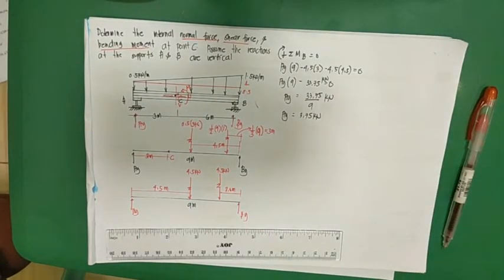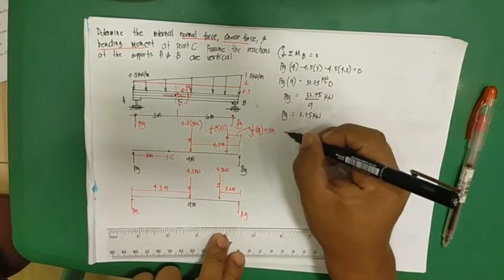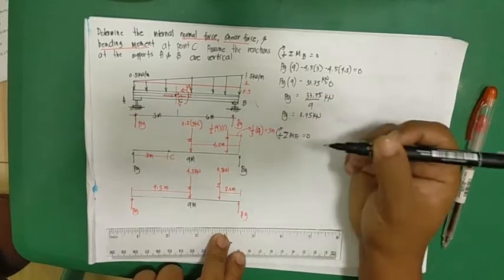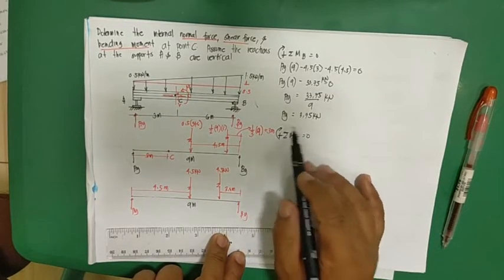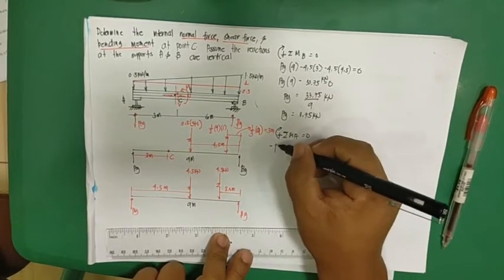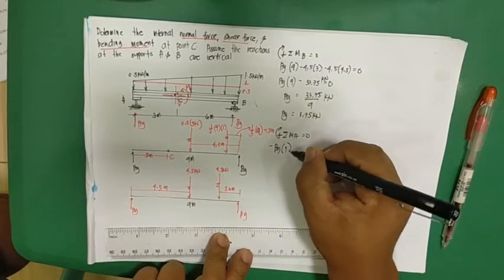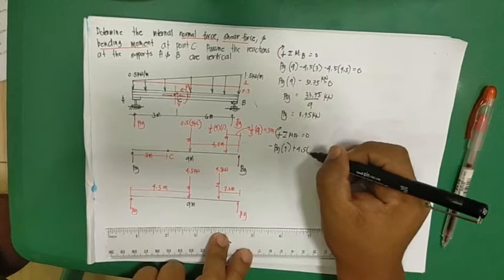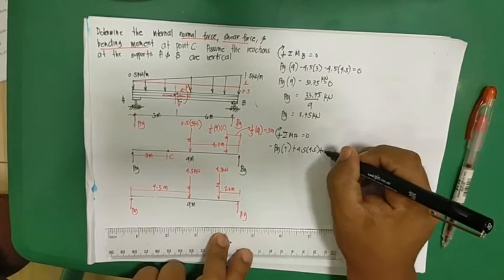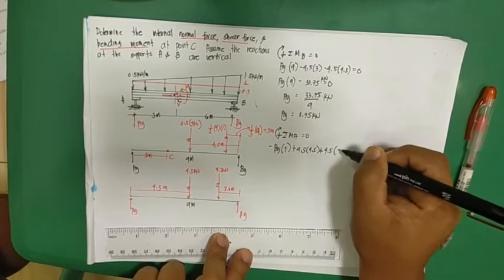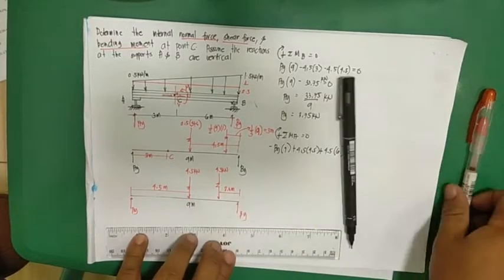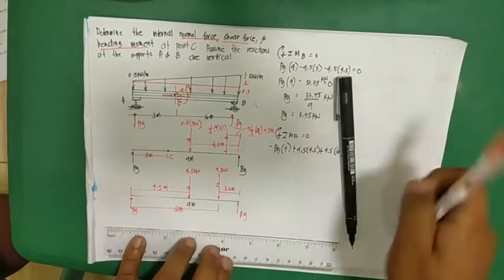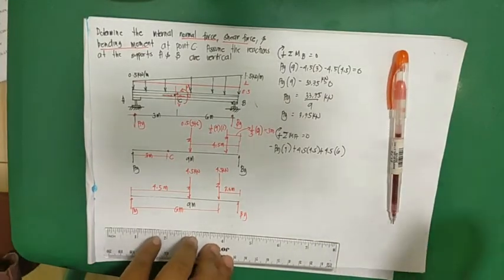Now, to solve for BY, you can also get summation moment at A. So go to 0 plus. Here, you can assume any direction. So, negative BY times 9 plus 4.5 times 4.5 plus 4.5 times 6, because this is 6 already. Okay, can you see it?